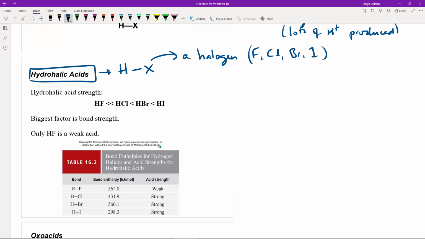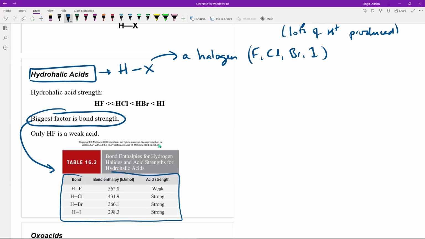The biggest factor that influences the strength of the acid here is the strength of the bond itself. The way that we judge the strength of the bond is by looking at the bond enthalpy, which are tabulated here for the different H to halogen bonds.